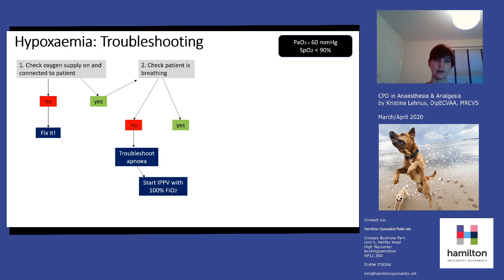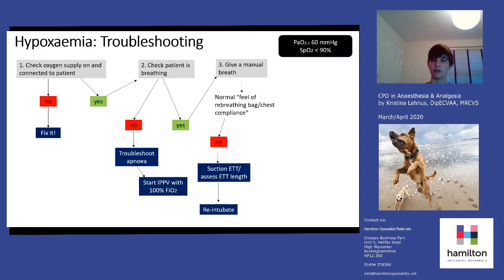If the patient is breathing, then you give a manual breath, and if the rebreathing bag feels normal when you squeeze it and the animal's chest excursion seems appropriate, then you can move on. But if not, then you probably need to consider whether or not to suction the endotracheal tube, assess the tube length, and potentially re-intubate, which is what we've already described previously with ET tube obstruction.